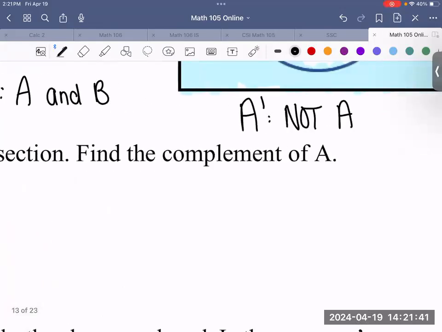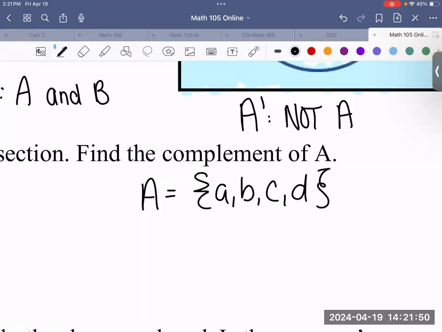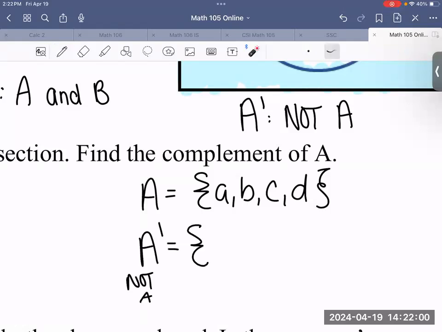So then find the complement. So keep in mind A is {a, b, c, d}, right? Well, if we're looking for not A, when we go to make your new set, none of these values are allowed to be in your new set, right?